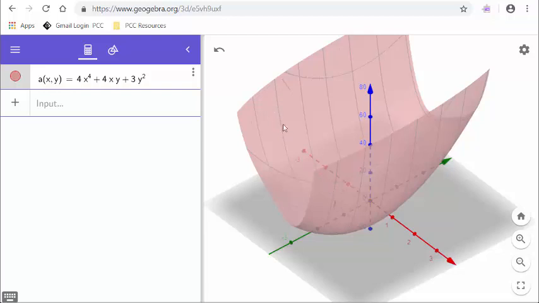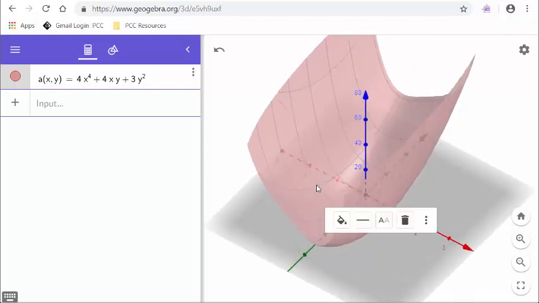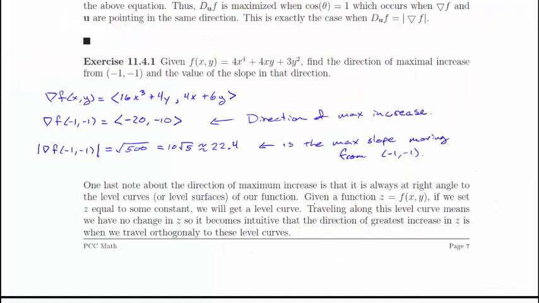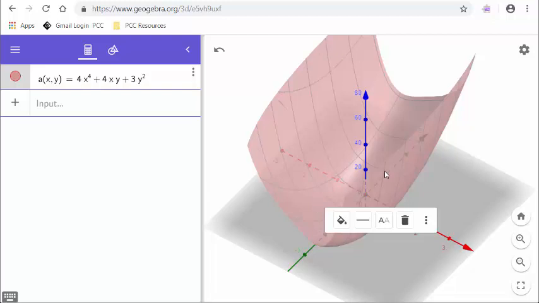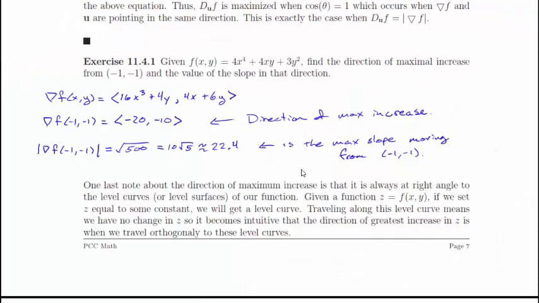The slope at this point, as we move in that direction, what did we say it was? Boom. 22.4. So we can see that this is a height of 20 right there. So if we move out 1 unit in this direction, we have moved up about 22.4. So that's what all of this is doing. Okay, cool. Glad we did that.